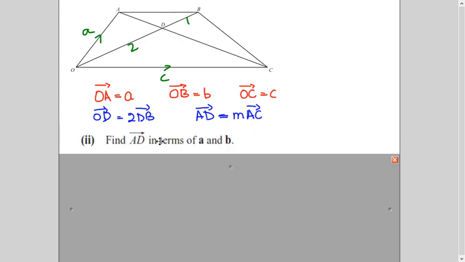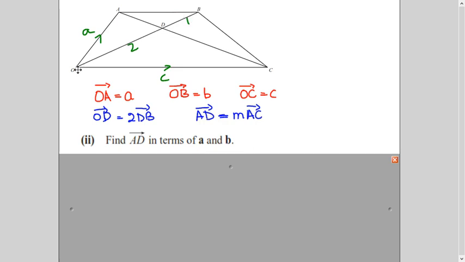Now, in this part of the question, again you have to find AD, but now in terms of A and B. So what will you use to find it, because we know A is this and B is this? What do you think can help you? This part, because OD has a connection with OB, as it is 2/3 of OB.